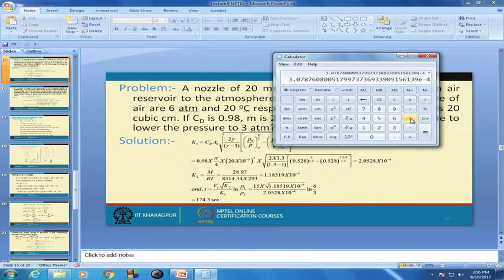Already we have made into, so we can write here 1, 2, in the second, or it can be third, 2 into 1.3, right, divided by 1.3 minus 1, that is 0.3 divided by 0.3, right.